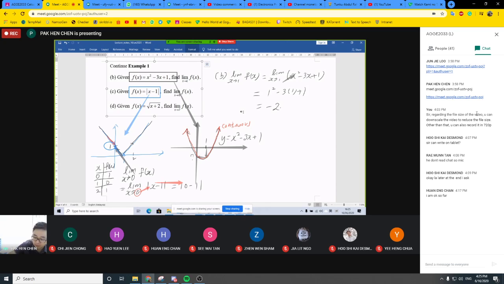Something to highlight: when you have already started substituting, at this point the limit should be eliminated. You do not need to write the limits.